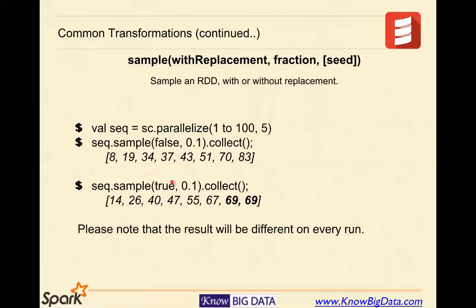If you say true, it means whatever we took earlier, put it back, and then give me 0.1. So sample is like a filter in which the filter is having a random coin toss.